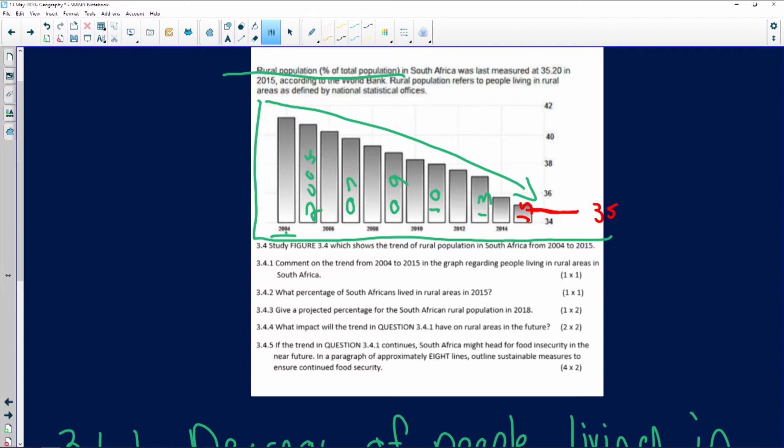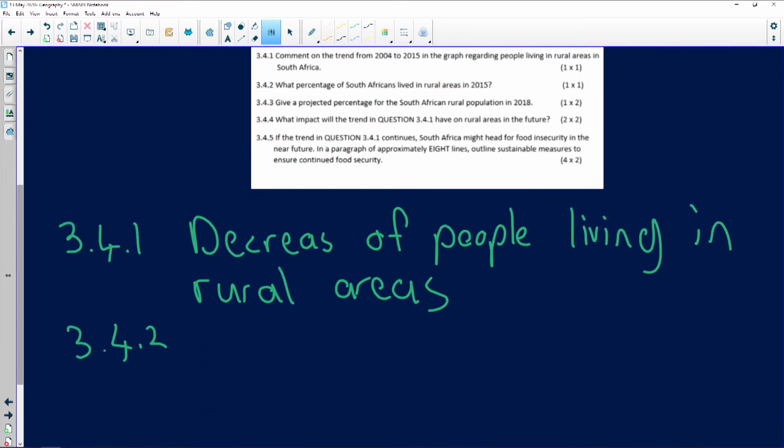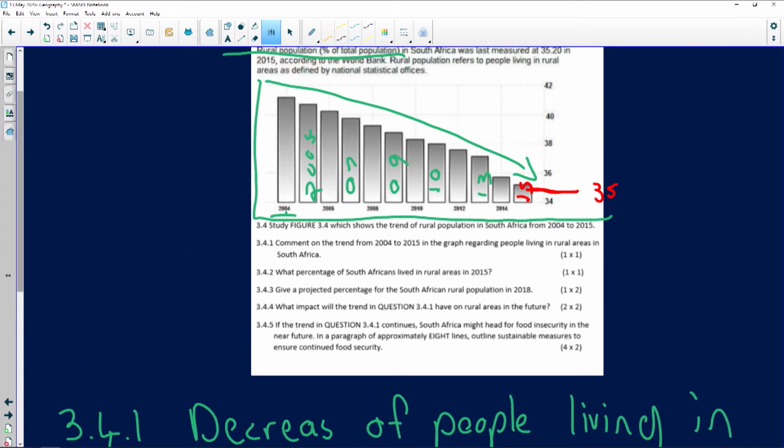But as you can see, the graph is a little bit higher than the 35%. So the correct answer will be roughly 35.2 to 35.3%. Just pay careful attention to the last bar.